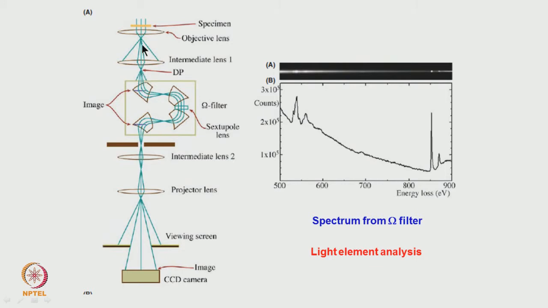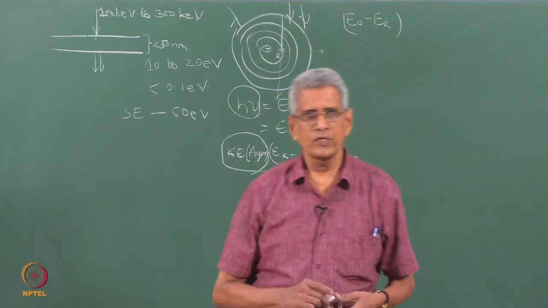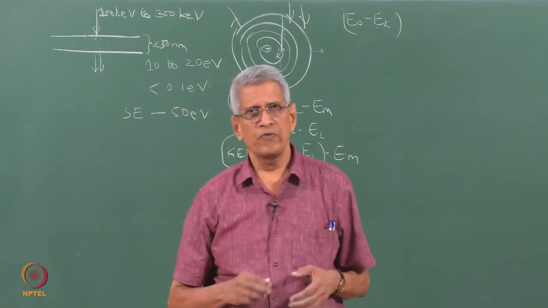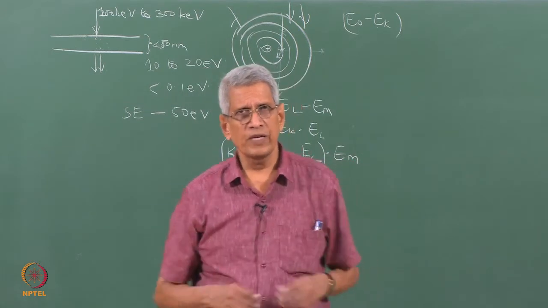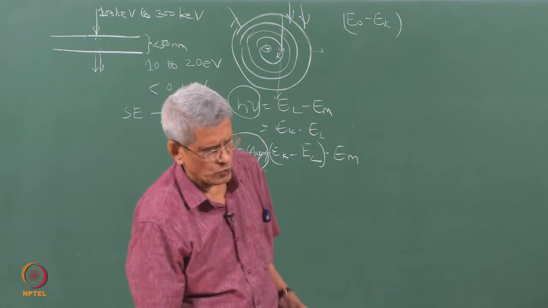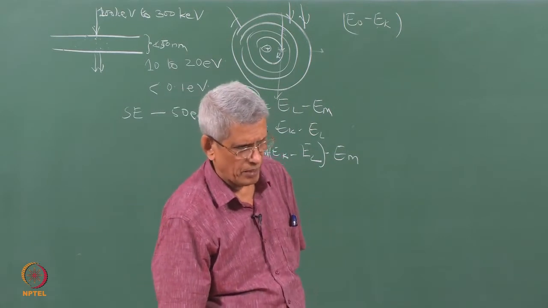That means that by choosing the strength of this magnetic field, we can choose electrons having specific energy to come through this lens, and only those electrons are going to contribute to the formation of the image on the viewing screen. On the viewing screen, one thing we can do is choose only electrons having the primary energy.